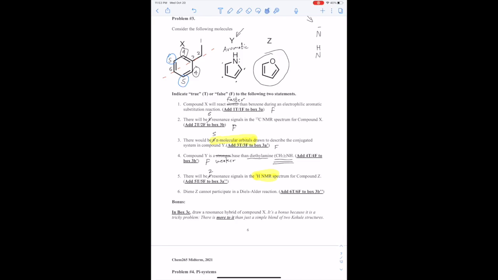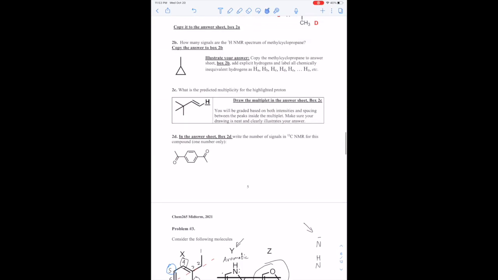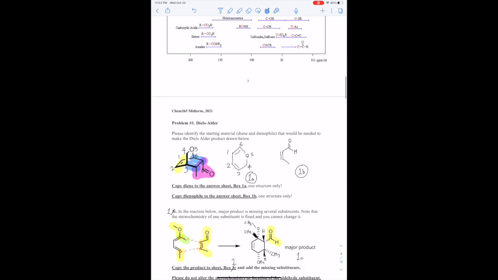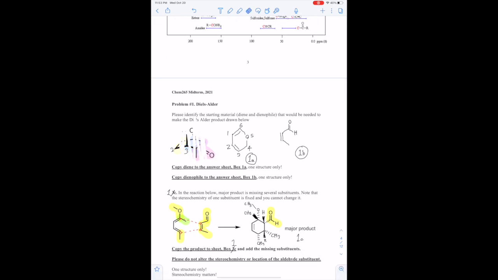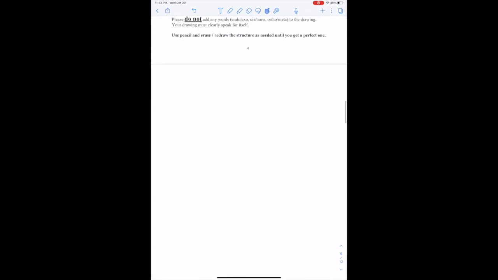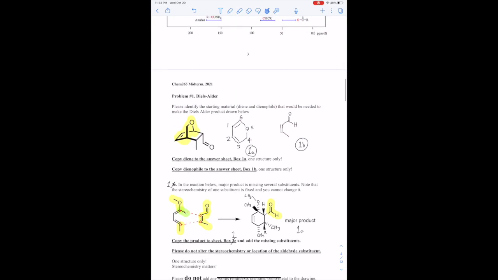But if you're not too sure, just scroll up real quick and look at this. Let me just erase all this from before. This, or at least this part of it, is pretty much almost exactly identical to the diene we had in question 3.